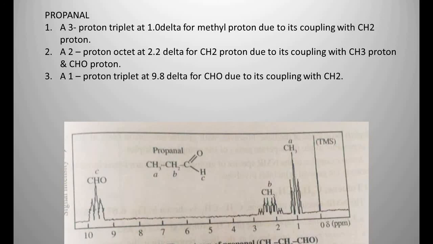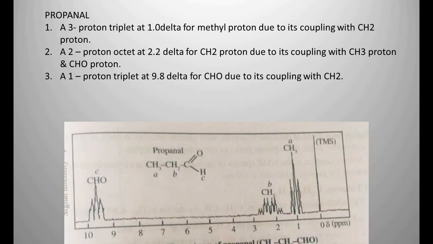Another is a 2 proton octet at 2.2 delta for the CH2 proton due to its coupling with the CH3 proton and the CHO proton, so it feels coupling from both sides.